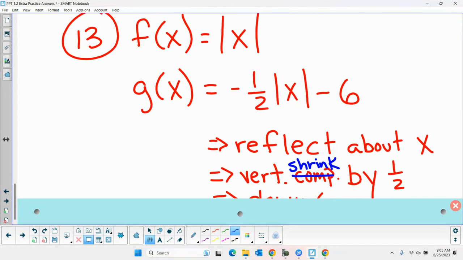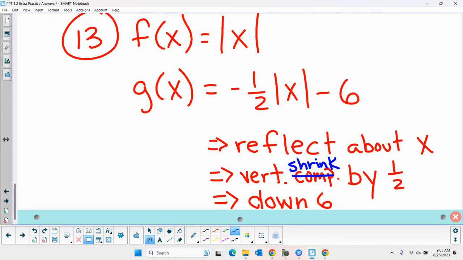And then minus 6 is we moved it down 6. So you were just supposed to write all the transformations that happened there. So we had a translation, a reflection, and a shrink, vertical shrink.